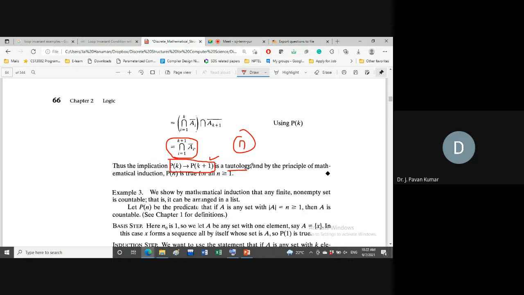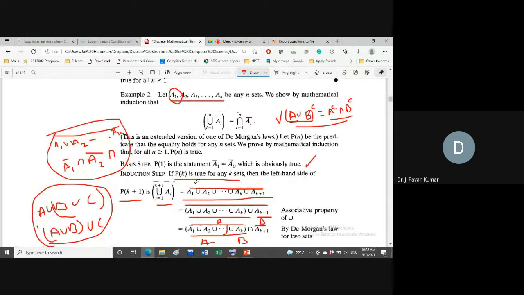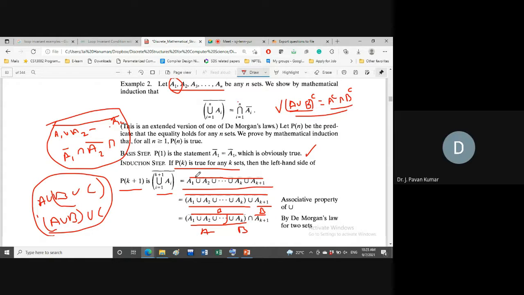As we have seen in the rule of inference, whenever the implication results in a tautology, then we can say that is a rule of inference, and that is universally correct. That is the principle of mathematical induction. Clear? I think now you have got the taste of this P implies Q, why we are stressing on that.